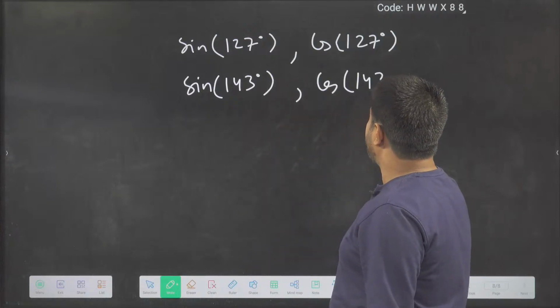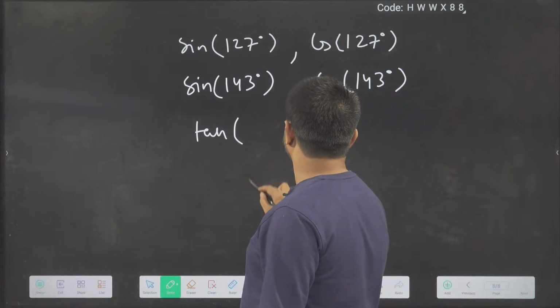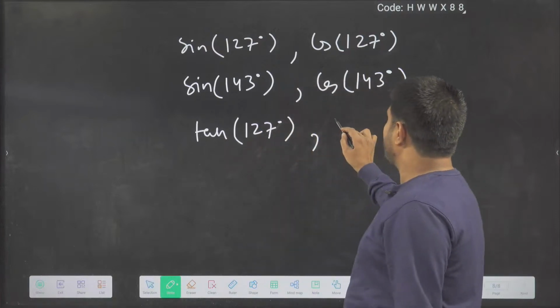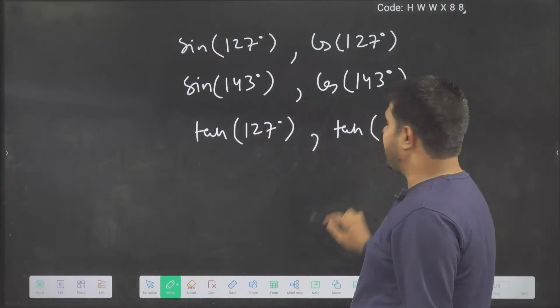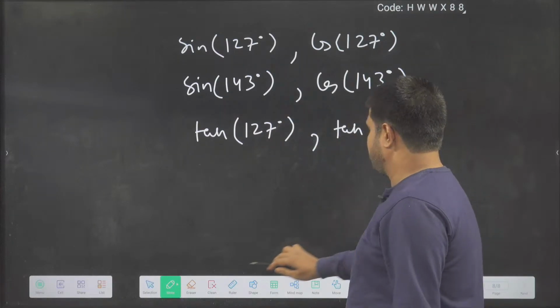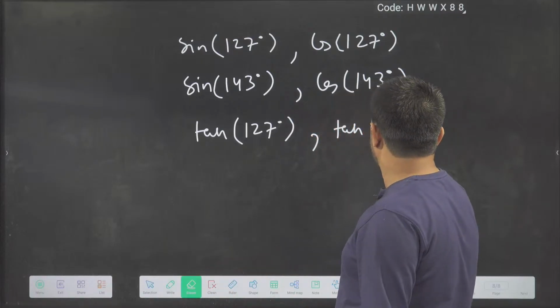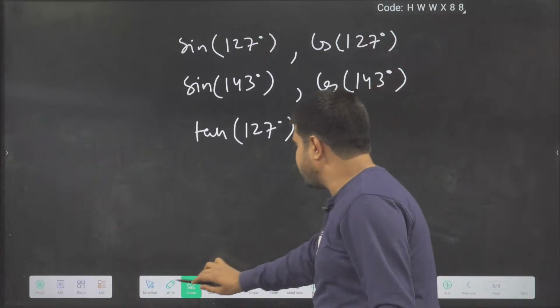Cos 143 degree. Tan 127 degree. And tan... okay, sorry.